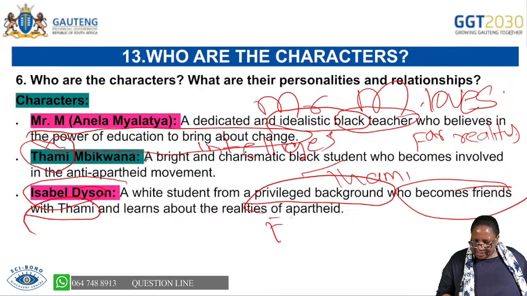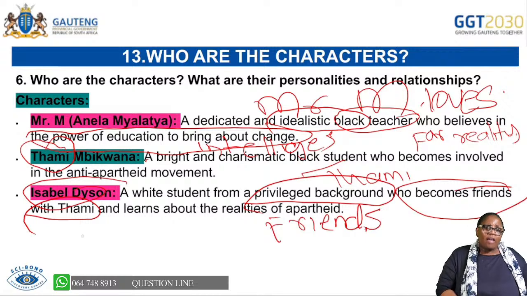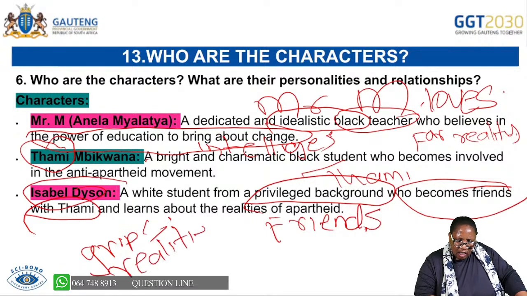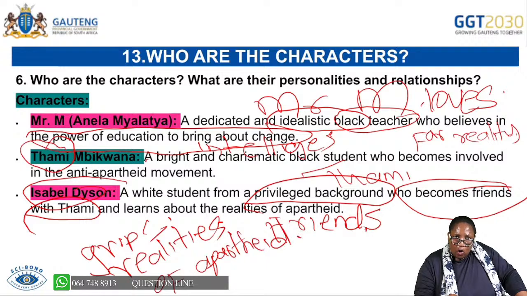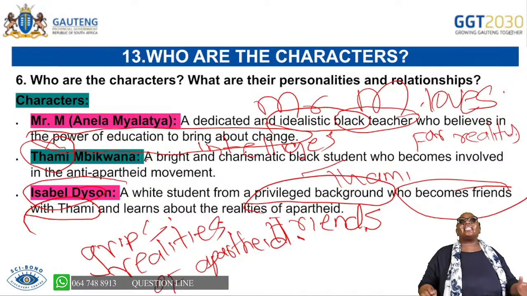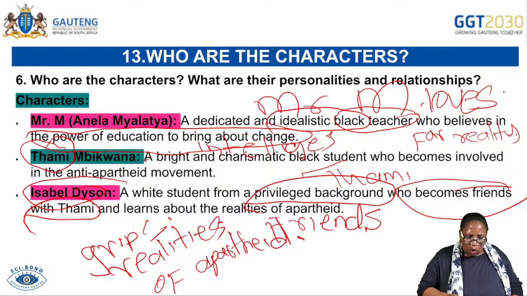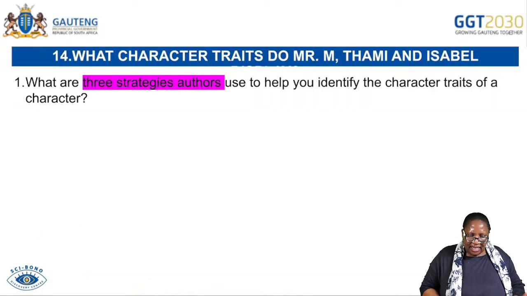They become friends. And our Isabel, for the first time, gets to grips with what? The realities of apartheid. You got it right? Yes. She did not know anything about apartheid until she became close with Tami and Mr. M.